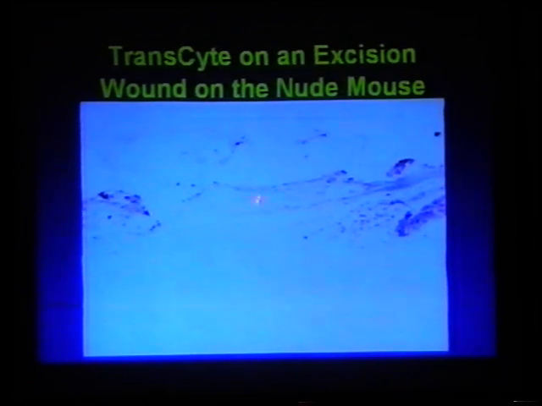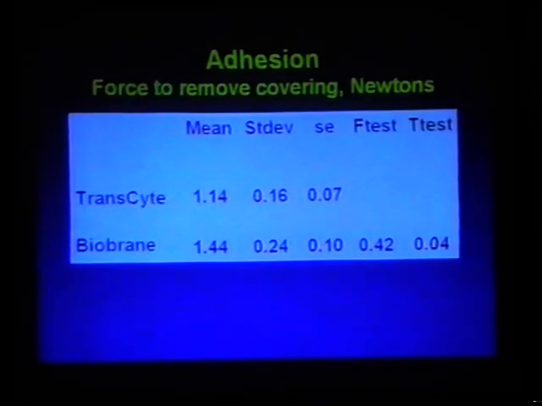If we left out the preformed capsule, you would see the mouse forming a capsule around the material, which would be part of the mouse. And as a result, this material doesn't bind so tightly to the wound, and it can be removed just by pulling it.